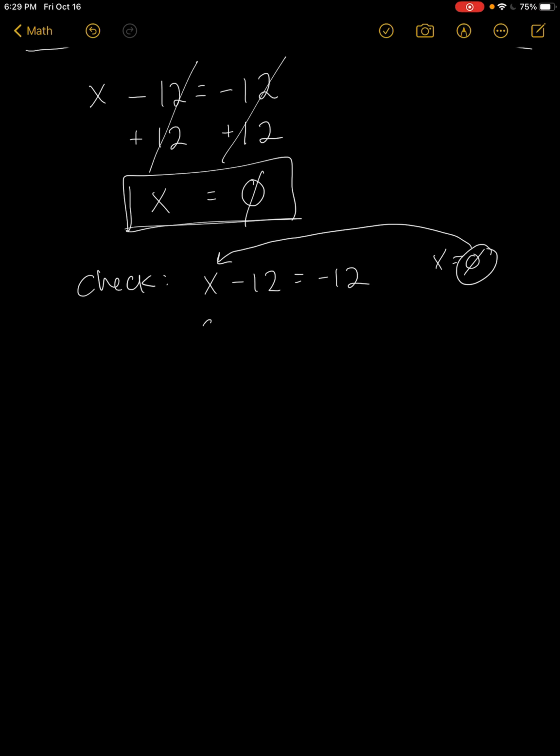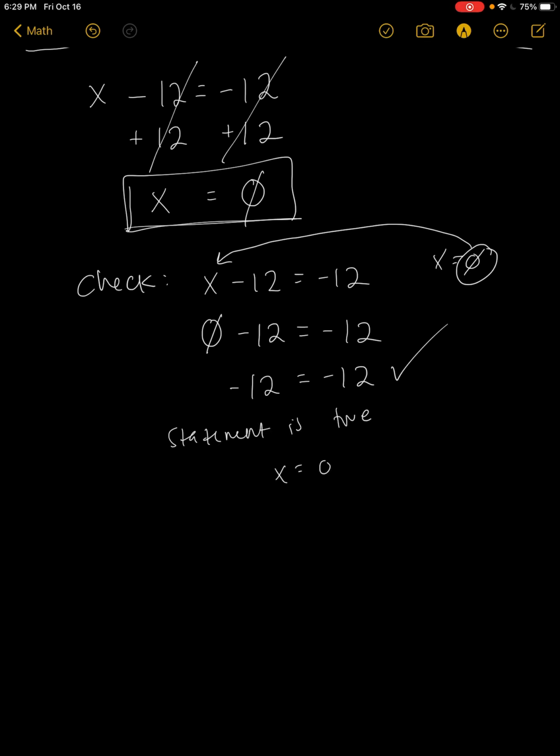So I'm going to substitute that in. So I have 0 minus 12 equals negative 12. 0 minus 12 is negative 12, right? Does negative 12 equal negative 12? Yes, it does. Therefore, the statement is true, right? It checks out. X does, in fact, equal 0.